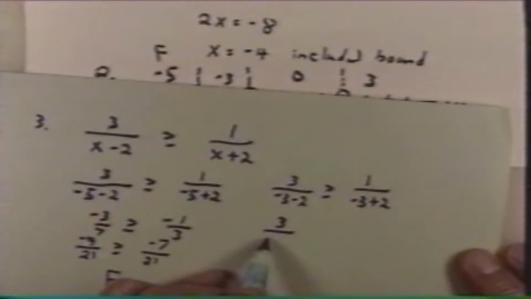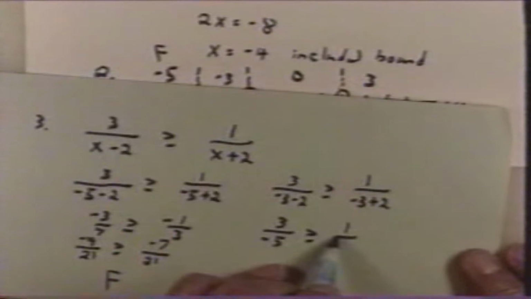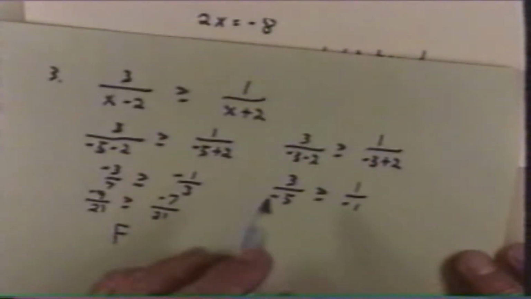Now let's substitute in negative 3. So I have 3 over negative 3 minus 2 greater than or equal to 1 over negative 3 plus 2. 3 over negative 5 greater than or equal to 1 over negative 1.